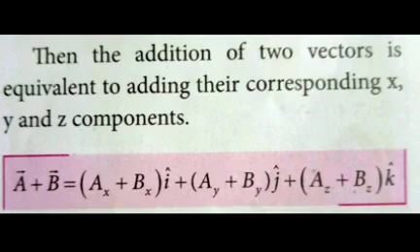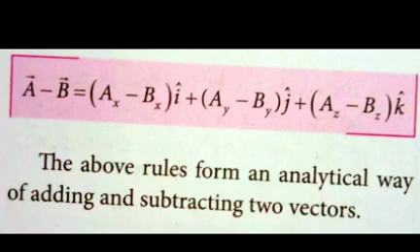Likewise, for subtraction we use the same method. Therefore A vector minus B vector equals ax minus bx into i cap plus ay minus by into j cap plus az minus bz into k cap. Students, we only have to consider the same axis on either side of the vector.